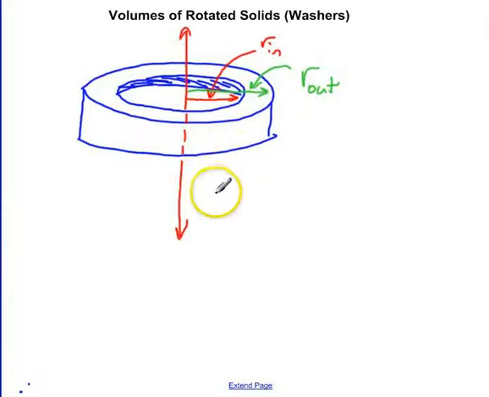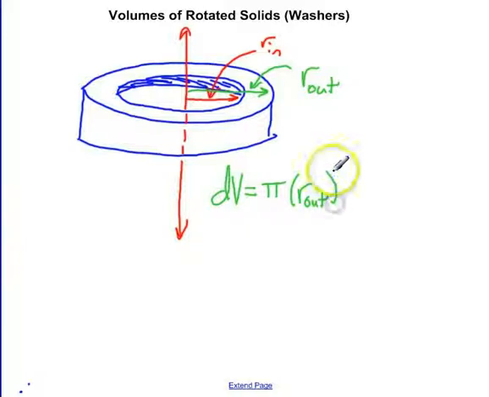Okay? So to get the volume of the washer, we're going to take the volume of the whole disk as if it were solid and subtract out the volume of the hole. So the volume of a washer is going to be the volume of the disk, which is pi r out squared, and the thickness here is dy, minus the volume of the hole.